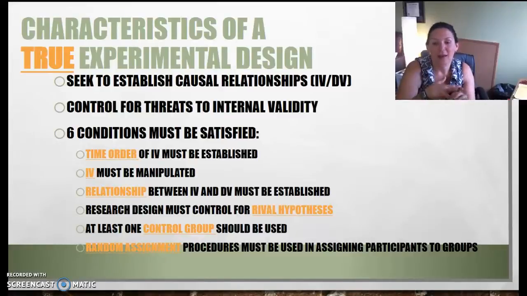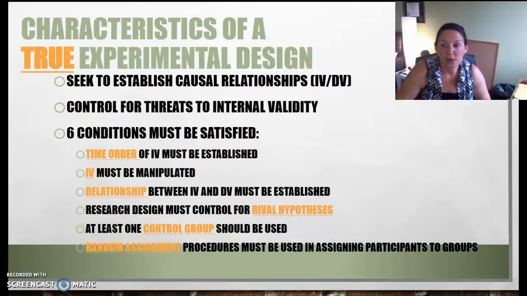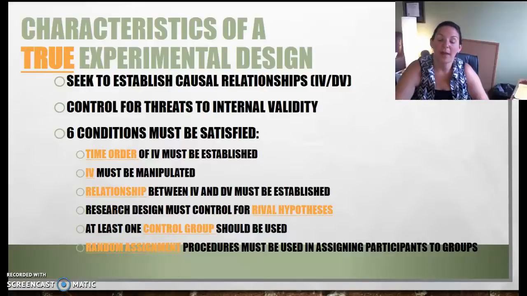And then you control for rival hypotheses. You must have a control group, and you must have randomization. And we'll talk as we talk through the continuum that the presence of a control group and random assignment are the 2 characteristics that are usually missing from things in quasi-experimental design.